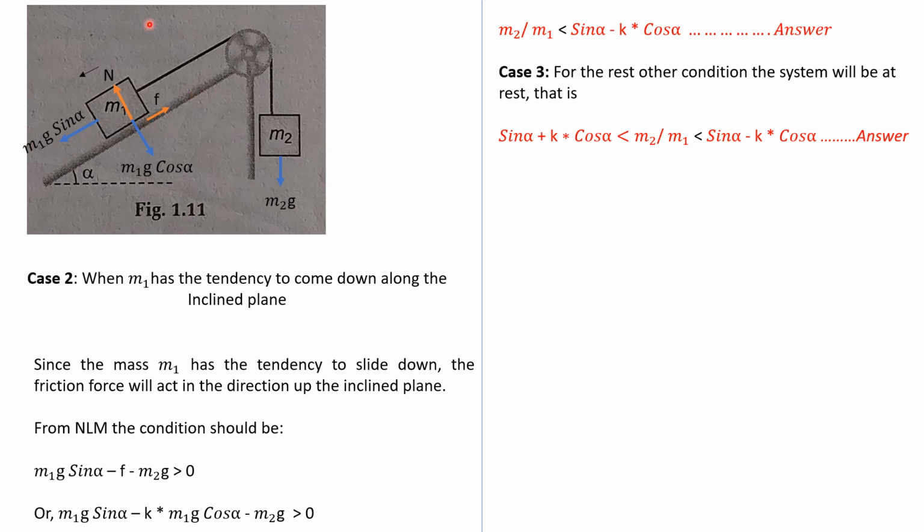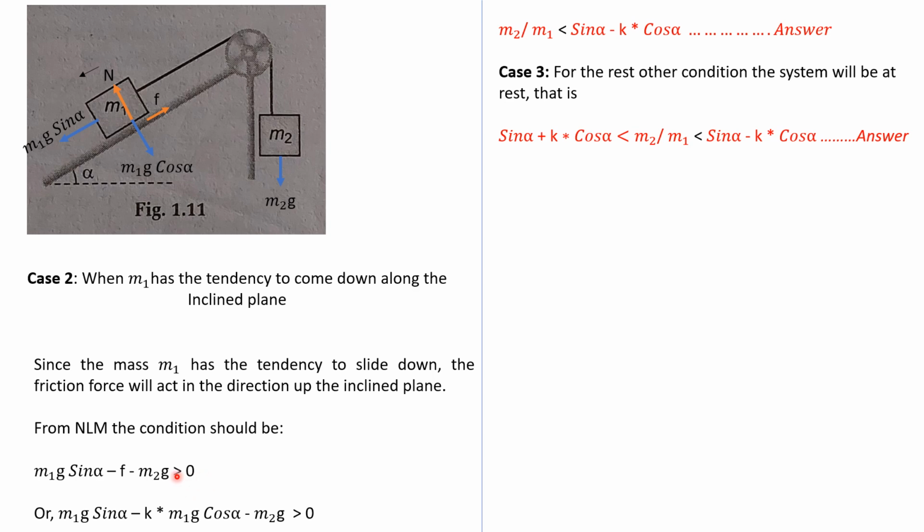Again we write Newton's law of motion for the system. m1g sin alpha is setting the motion in this direction, F is opposing it, so minus F, and m2g also is opposing the motion because it will try to pull down the thread, so minus m2g.